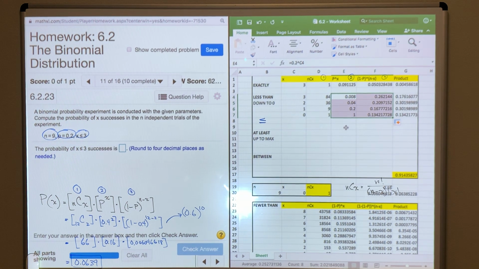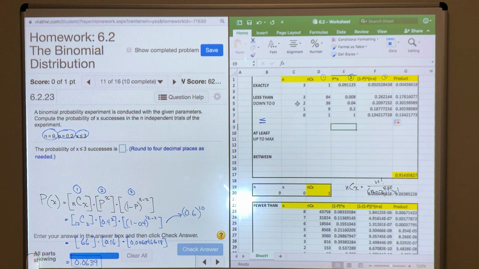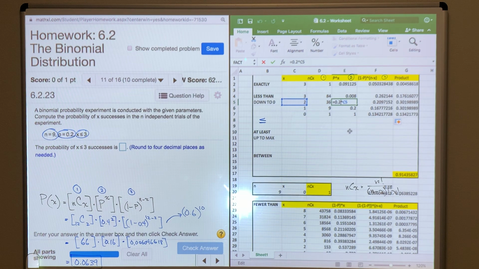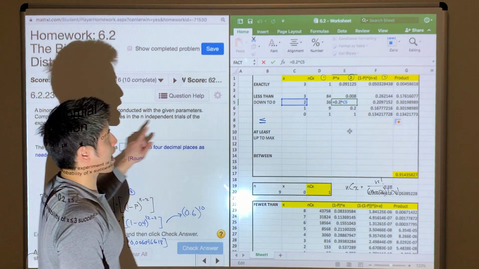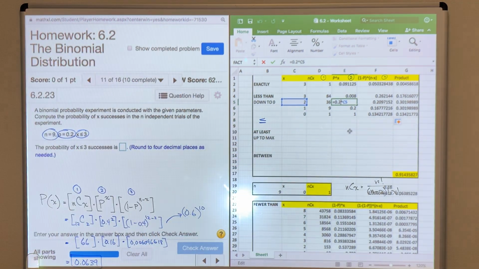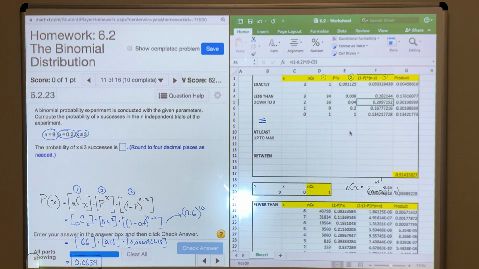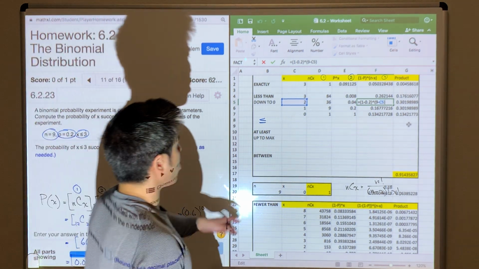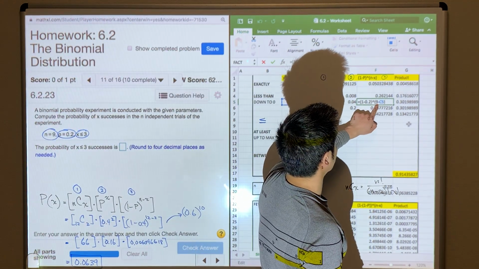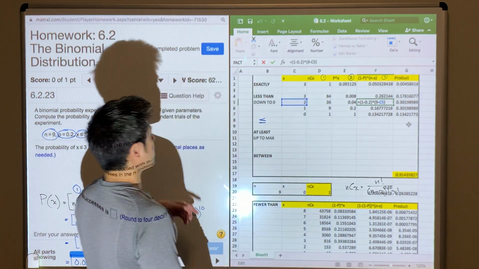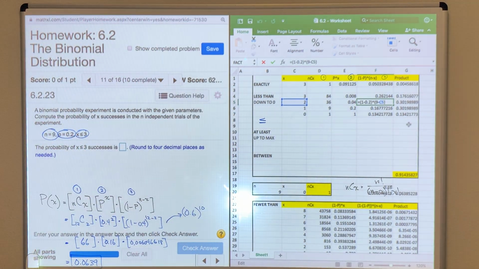Now notice, let's go to the 2. My x is 2, nCx is 36, p to the x is going to be my probability of 0.2 to the power of 2, which is exactly what it is. What is my next one? Take a look, it sure is consistent with that. 1 minus 0.2 to the power of 9 minus that 2 value, and that's it.